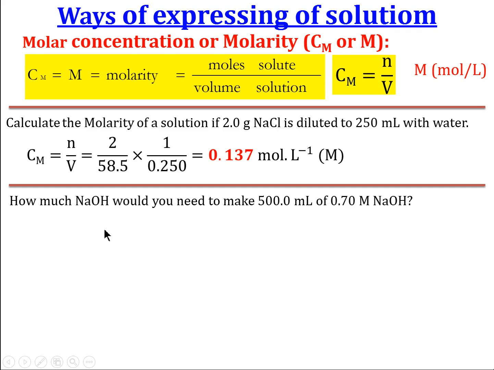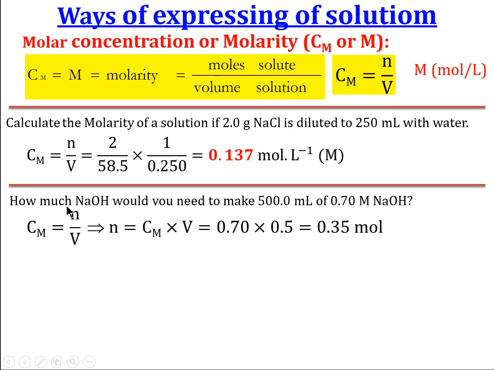Another example: how much NaOH would you need to make 500 milliliters of a NaOH solution of concentration 0.70 molar? The molar concentration is equal to the number of moles of solute divided by the volume of the solution. So the number of moles of the solute is equal to Cm times V, which is 0.7 times the volume of the solution, 0.5 liter.